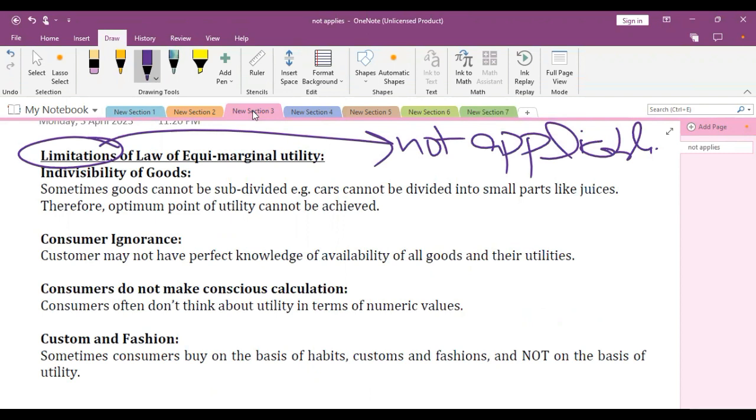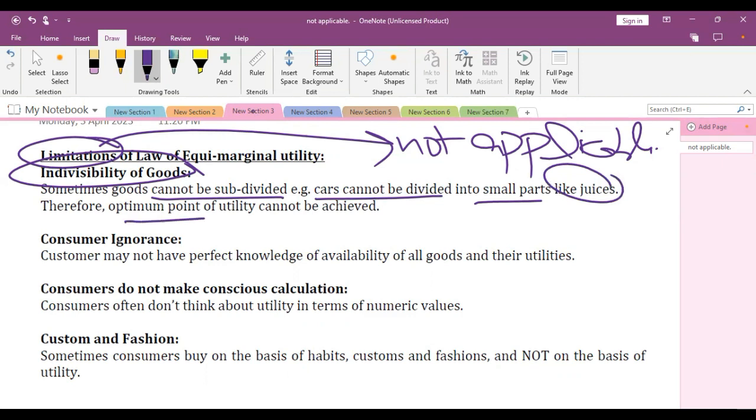First one, indivisibility of goods, means the consumer cannot divide the goods or cannot allocate his money among different products. Sometimes goods cannot be subdivided. For example, cars cannot be divided into smaller parts like juices. Therefore, the optimum point of utility cannot be achieved.